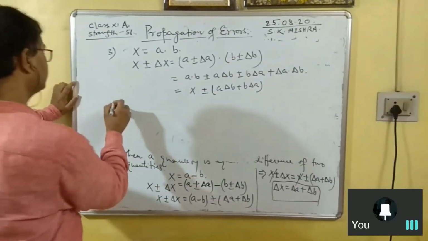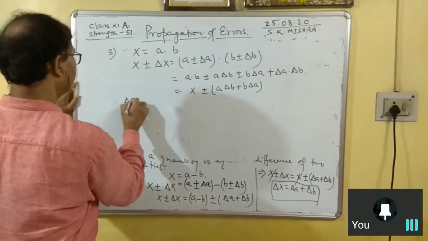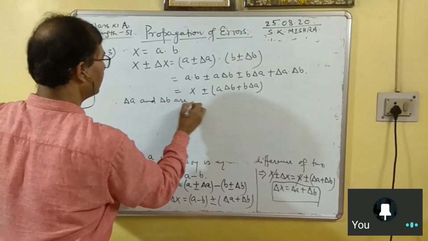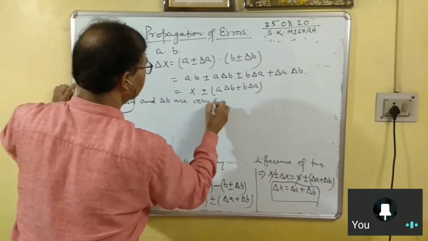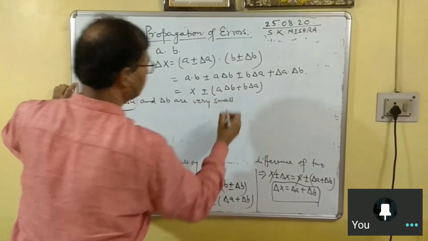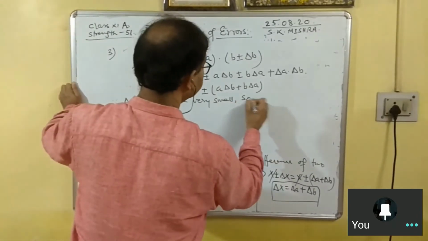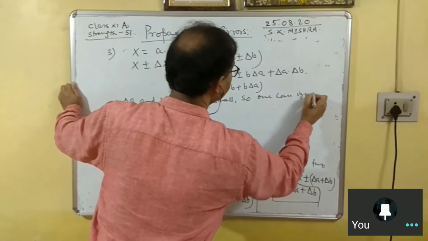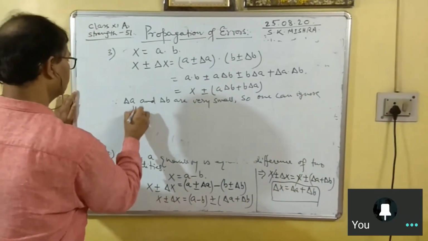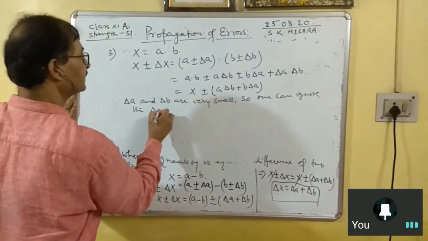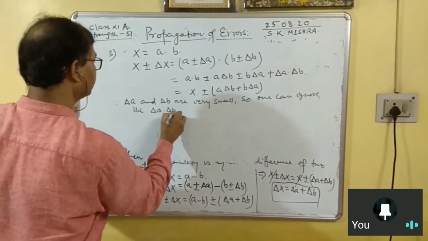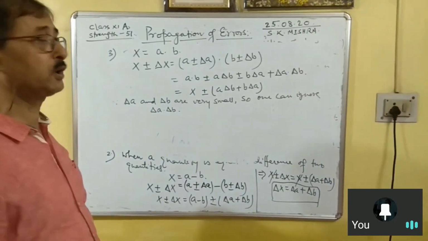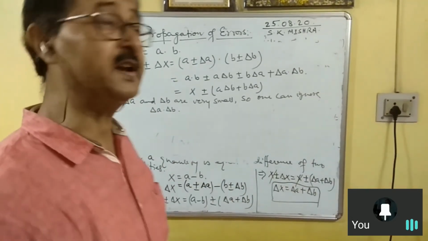Since delta A and delta B are very small, one can ignore the term delta A into delta B, because the product gives you a still smaller value.